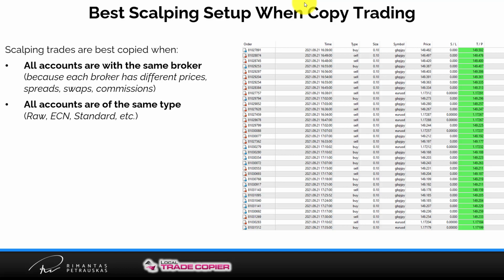And if you aim for 1 pip on your master account, but the spread is bigger on the client account because it's a standard account, not a raw account, like IC Markets offers raw and standard accounts, this means that because of the spread, you won't get any profit. So there will be differences as well. While the master will be making profit, the client will not make that profit, okay?